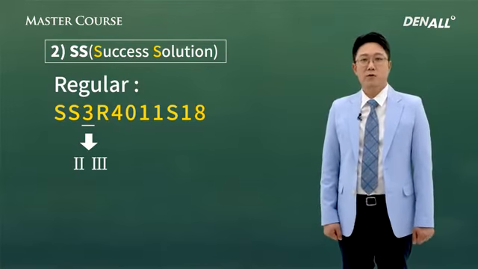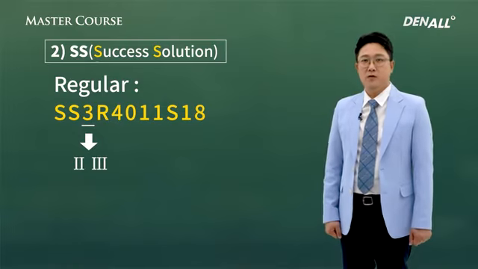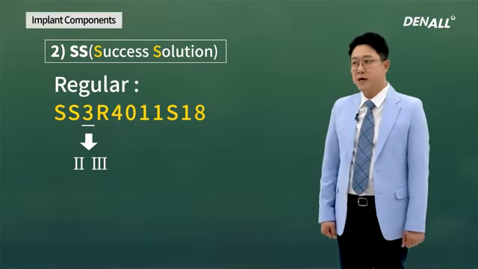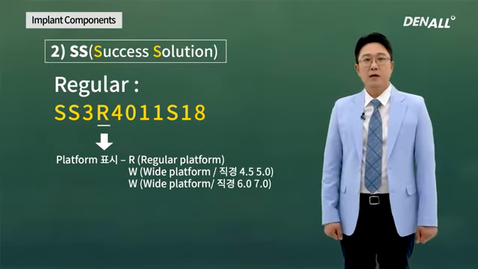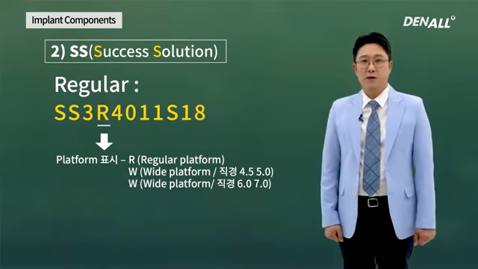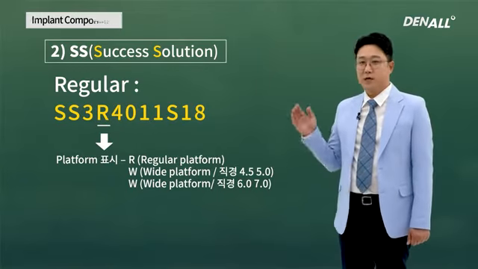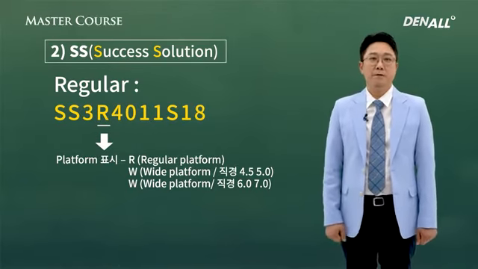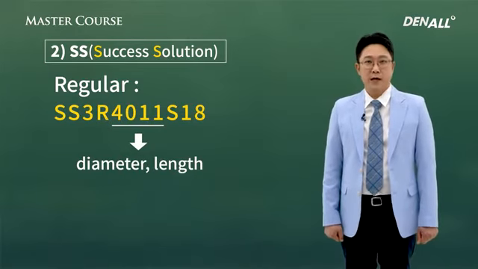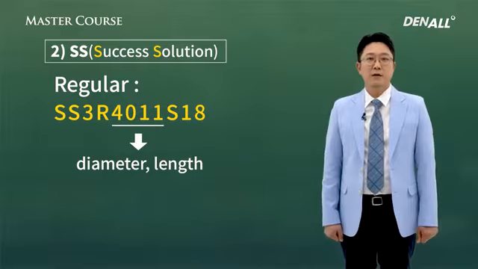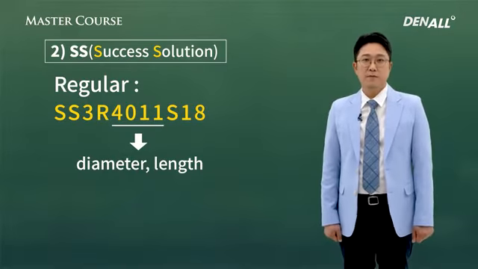If it is tapered body, it is marked as 3. SS2 or SS3 can be shown. R means that platform size is regular, and if it is wide, this is replaced with letter W. 4011 means a 4.0 diameter and the length is 11 millimeter.